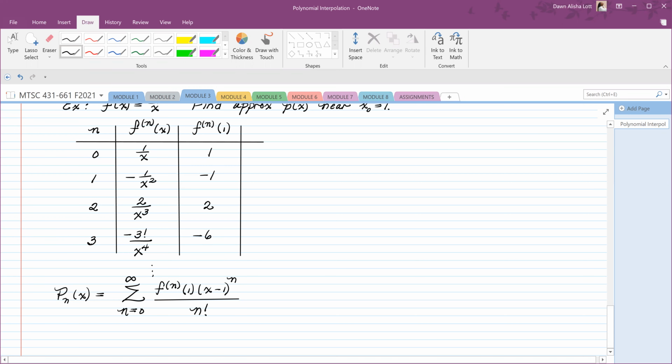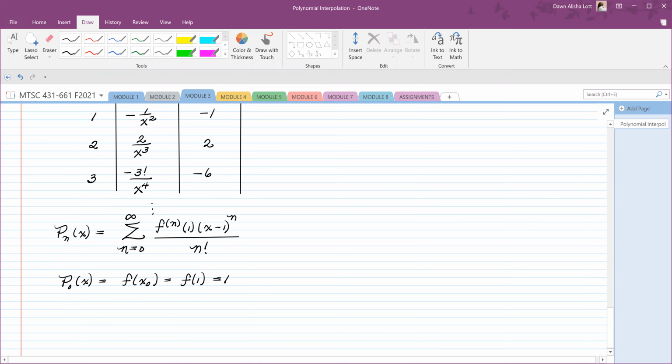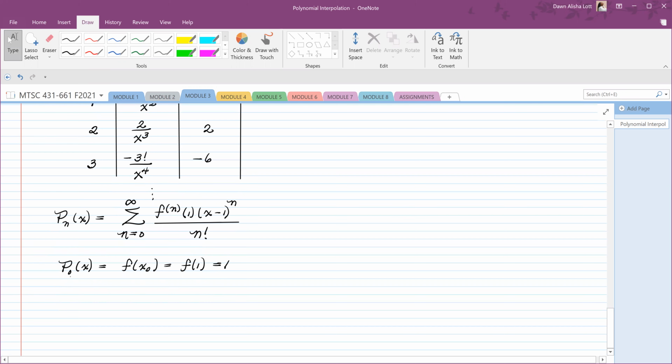Okay. So we can find P0 of x. That just says take the 0th term. So that's just f of x naught, which is f of 1. So that's 1. Not a bad approximation. It's actually really not good.